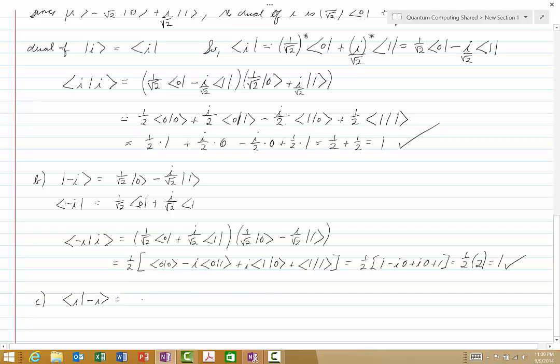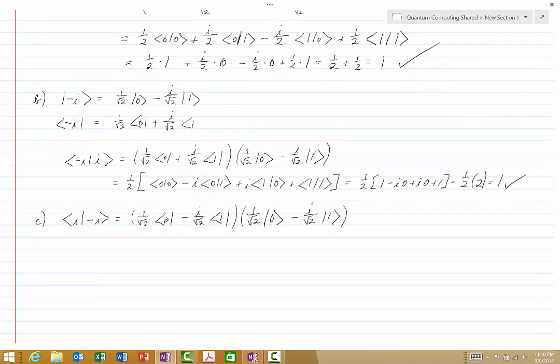The dual of i was equal to 1 over square root of 2, 0, minus i over square root of 2, 1. And the minus i ket is 1 over square root of 2, 0, minus i over square root of 2, 1.